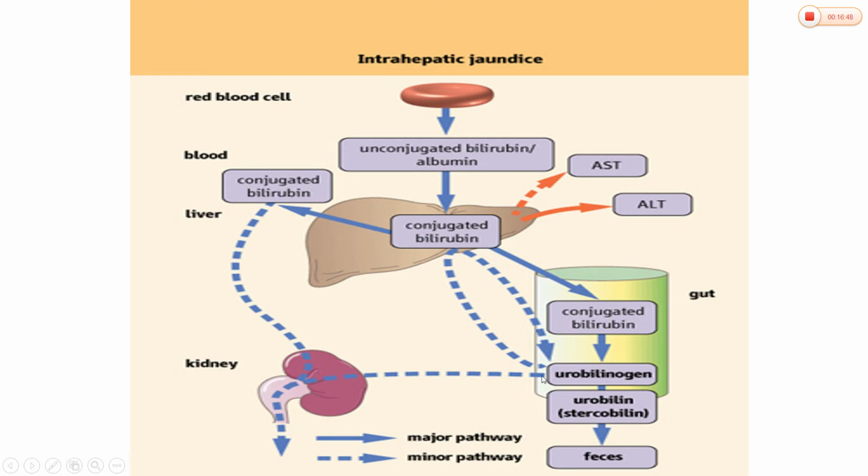Either they're getting excreted through the urine or becoming stercobilin and getting out of the body as the brown color feces. And during this condition, the transaminases AST and ALT are some of the parameters where the liver functions are measured.